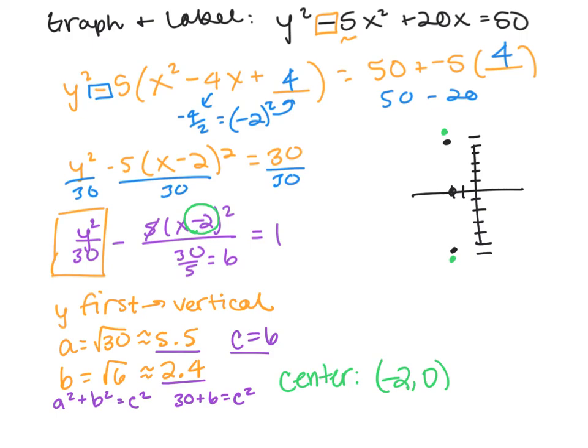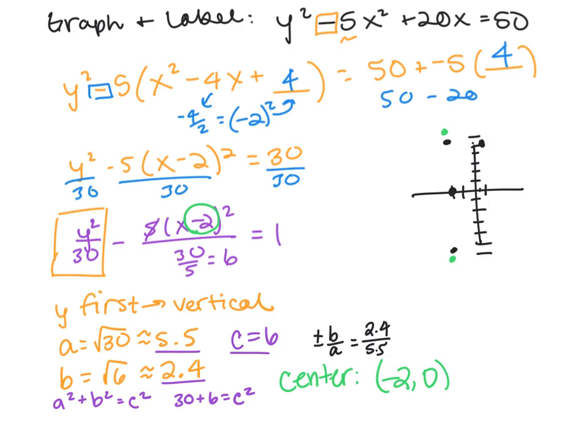And for the asymptotes, the slope is plus or minus b over a. So in this case, we'll go 2.4 over 5.5. So I count up 5.5 over 2. That's my 1.4, about there. Should be in line with the top one.